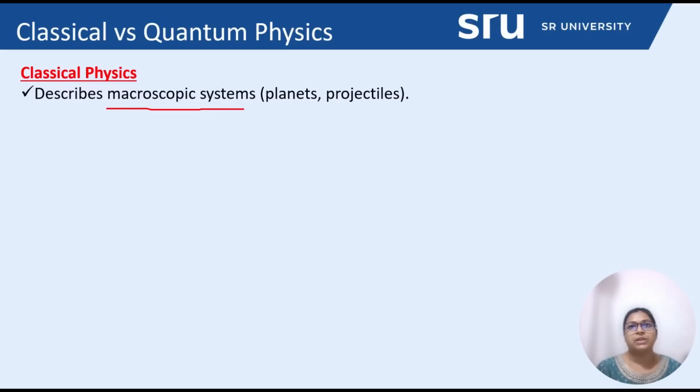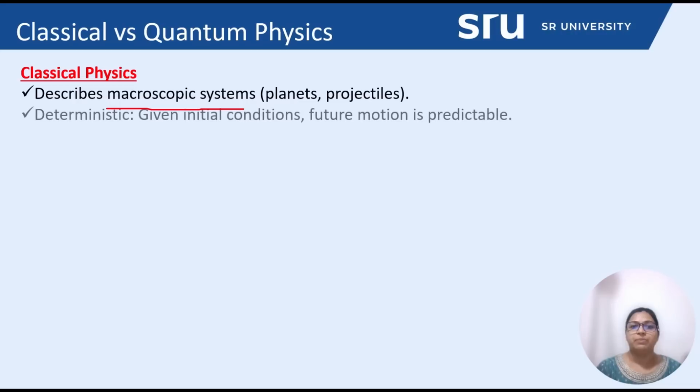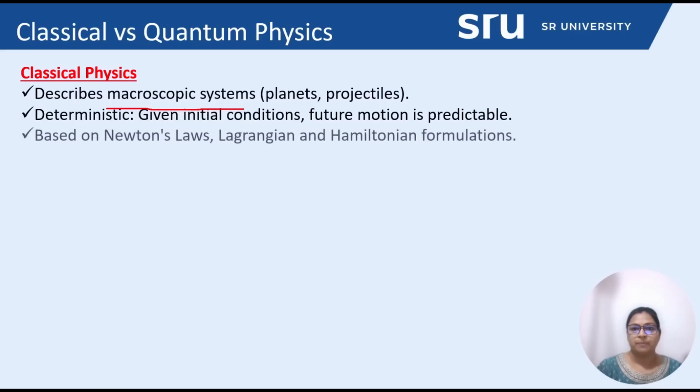For example, the trajectory of a projectile or the orbit of a planet. We know that the foundation of classical physics is based on Newton's laws of motion, which govern the dynamics of objects under force. From Newton's law, the force is the product of mass and acceleration, F = m a.